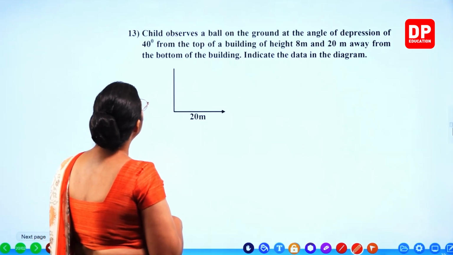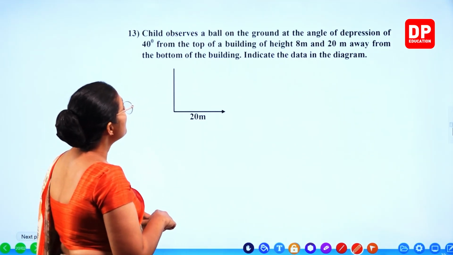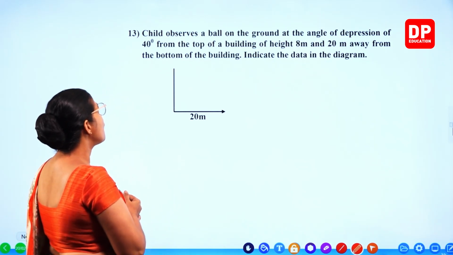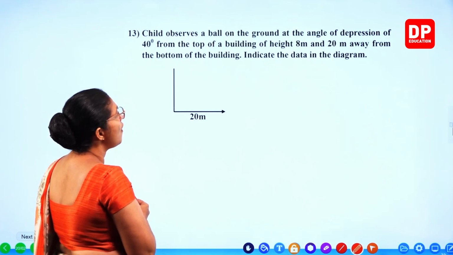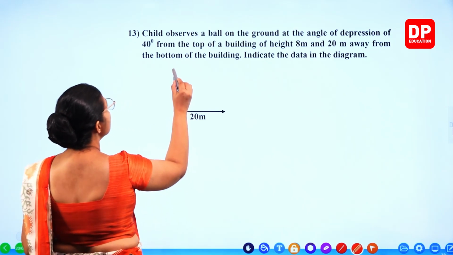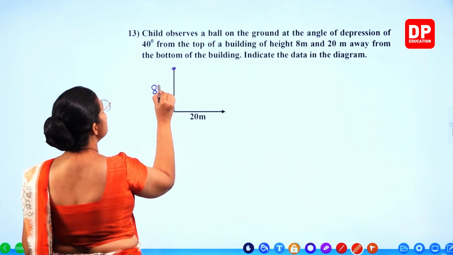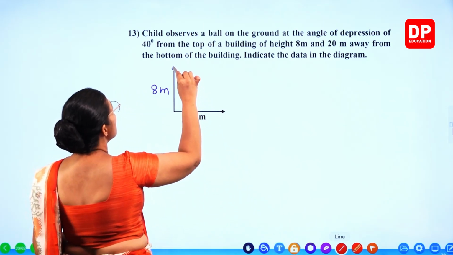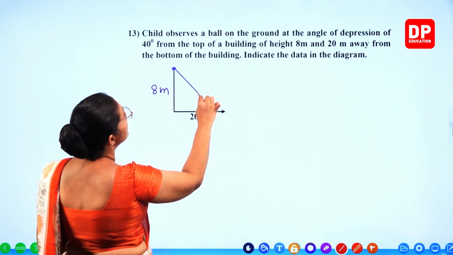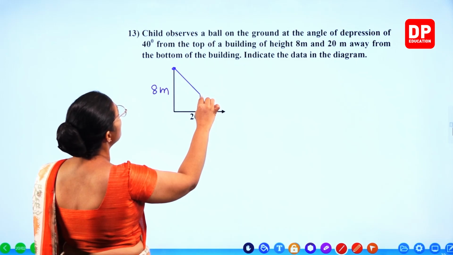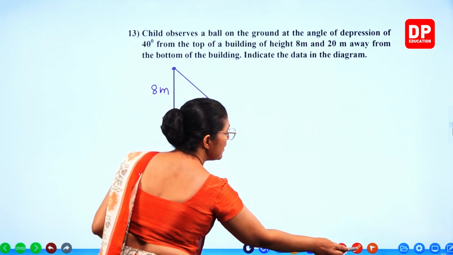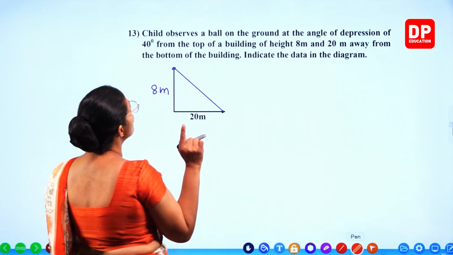Question number 13. Child observes a ball on the ground at the angle of depression of 40 degrees from the top of the building of height 8 meters. So if this is the building, this is 8 meters. An angle of depression from 20 meters away from the bottom of the building. So if it's the bottom of the building here, angle of depression is 40.